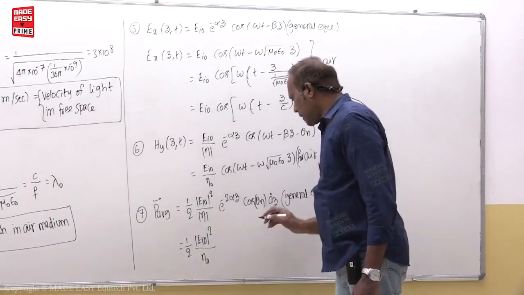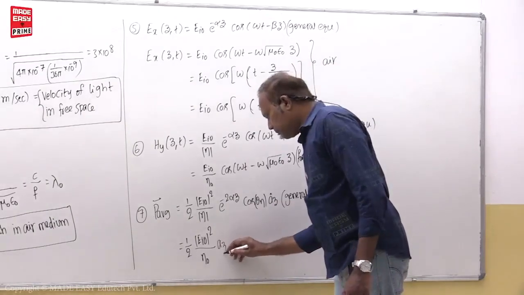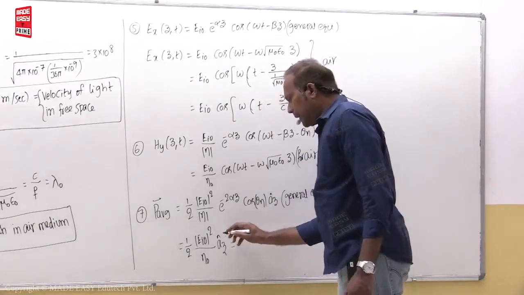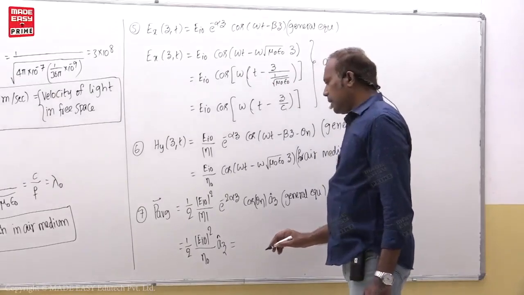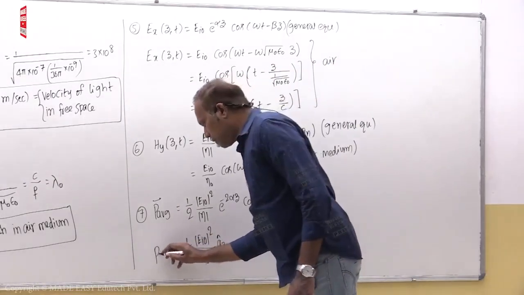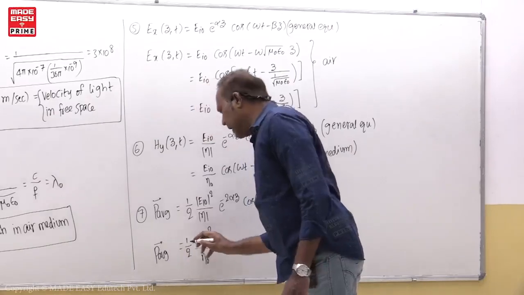So half Ea0 square by eta naught, az. And if you write it in terms of H only, so this is for air medium.